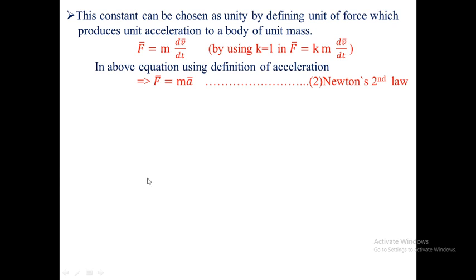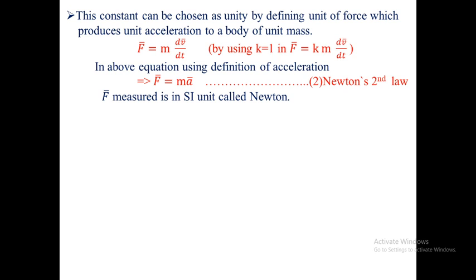Then we will get F is equal to M into A, or F bar, because this is a vector quantity. So F bar, that is force, will be equal to M into A bar, that is mass into acceleration, and this I am going to call equation 2, and this is known as Newton's second law. So this is the mathematical equation. Newton's second law is represented mathematically as F bar is equal to M into A bar, or force is equal to mass into acceleration.